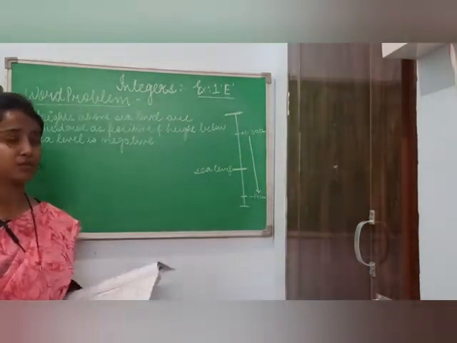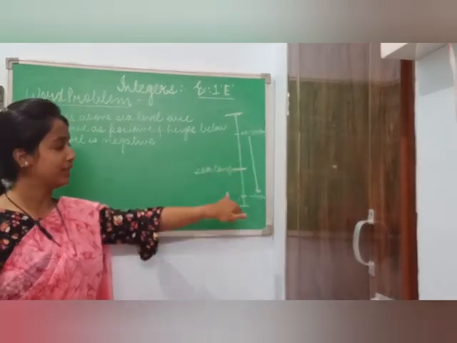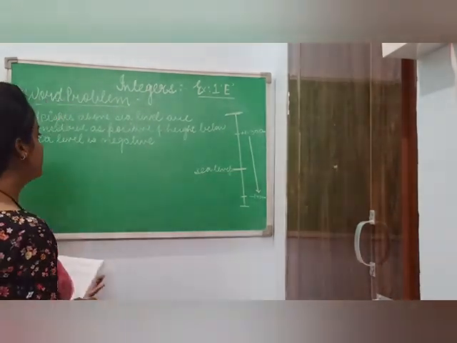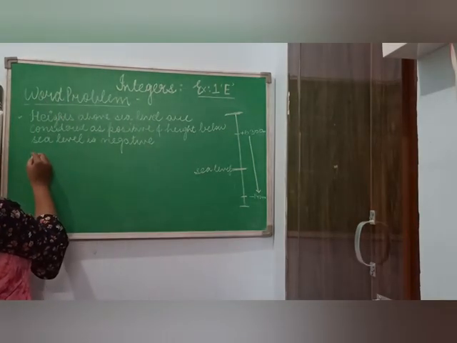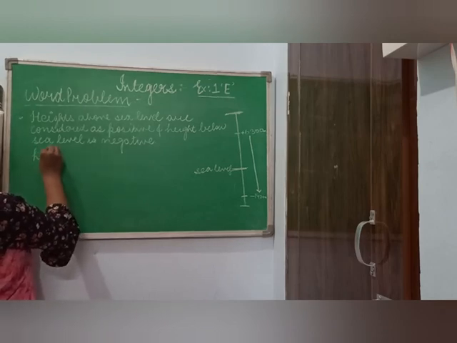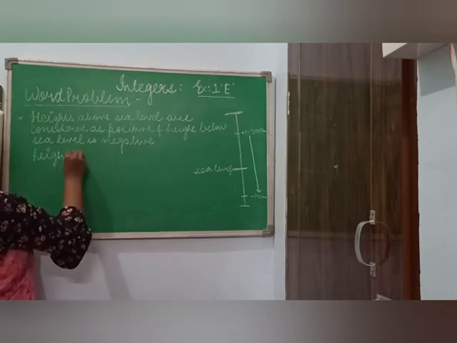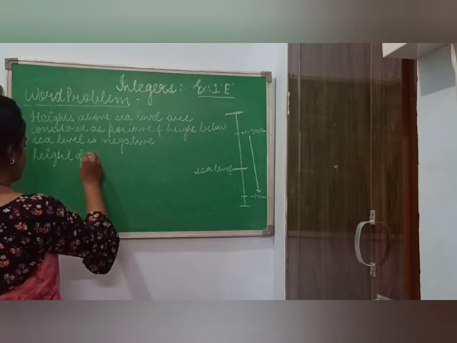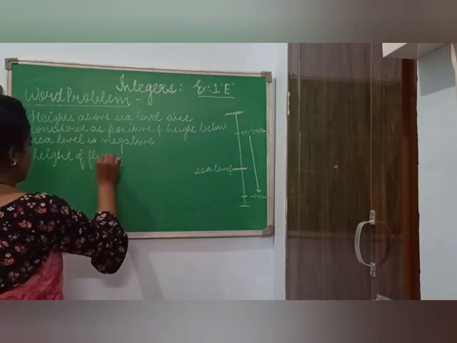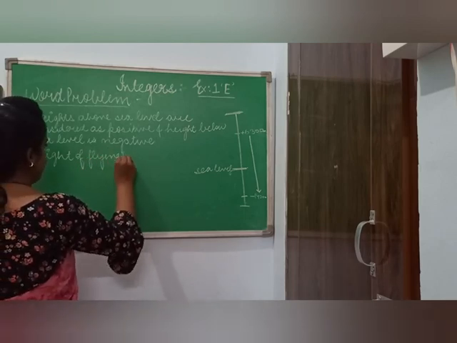Now we have to find out the vertical distance between these two. Means we have to find out the distance between the plane and the submarine. So what we'll do is, first of all we'll write height of flying plane.